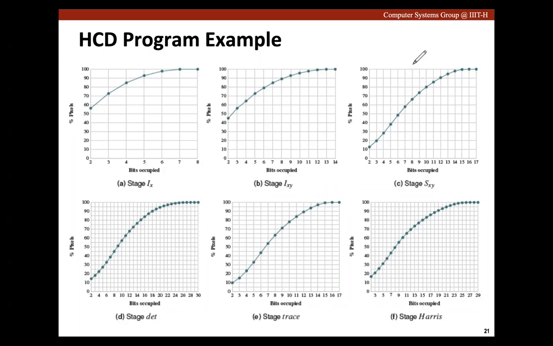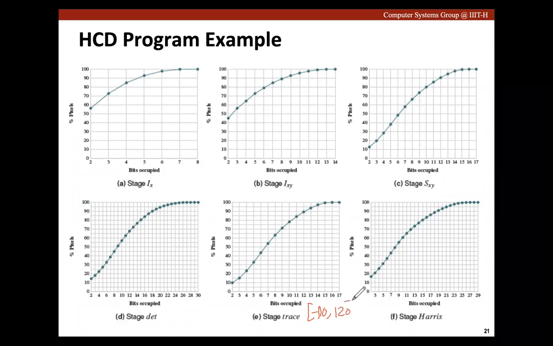In order to determine alpha, suppose you know that the values produced by the trace stage lie between something like minus 110 to 120, let's assume.